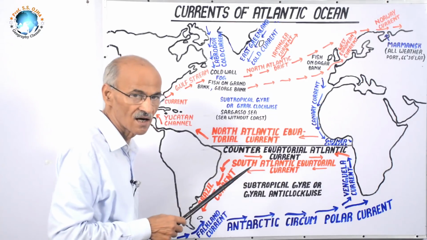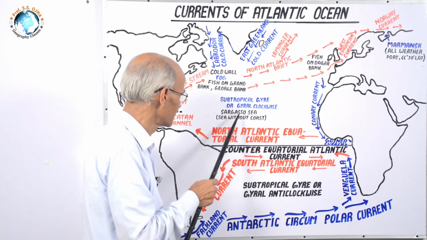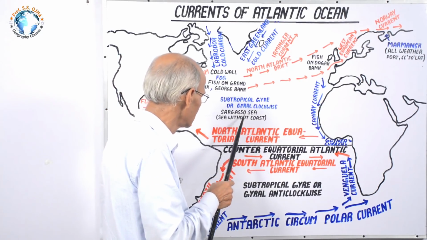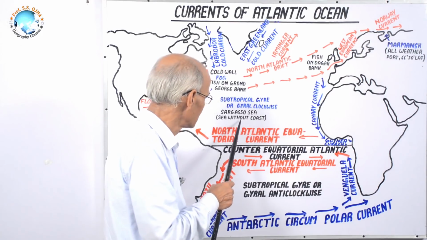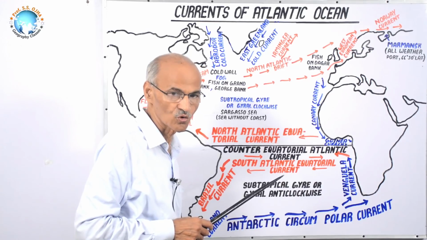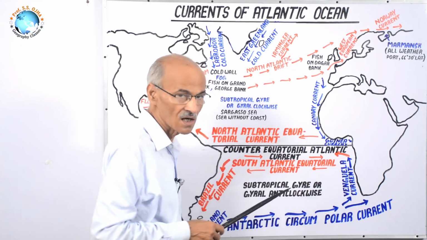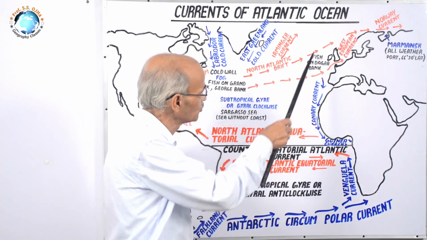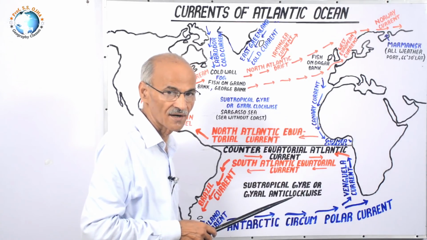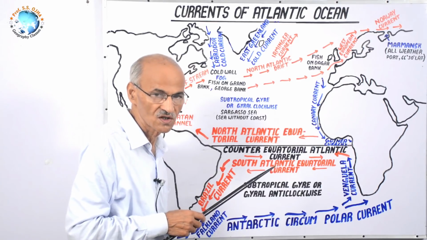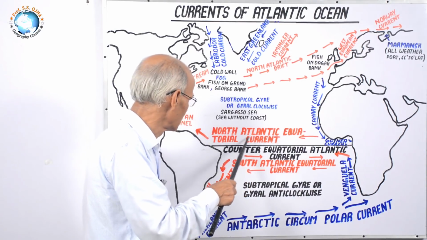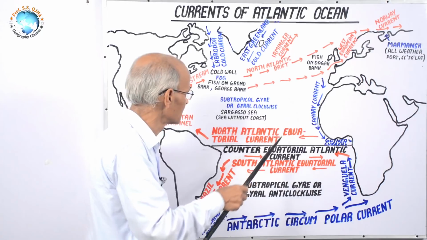This is salina having this Sargassum grass, and this Sargasso Sea is sometimes termed a sea without coast. All the oceans, all the seas have a coastline of land, but this Sargasso Sea is without coast. It is surrounded by the current from all sides.